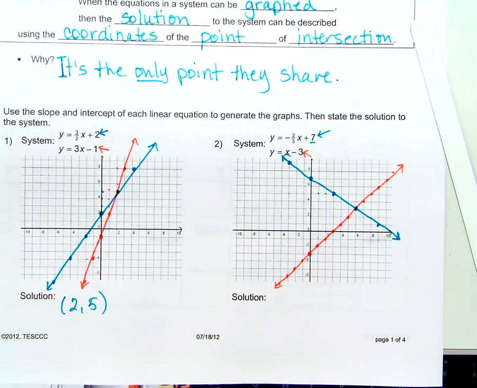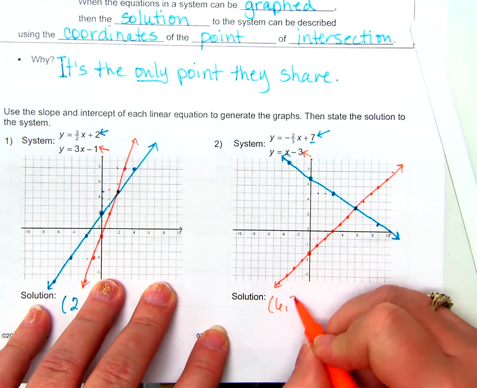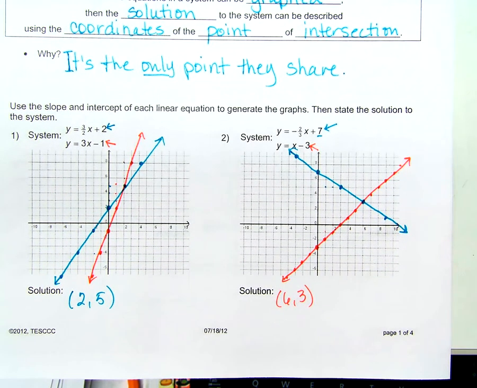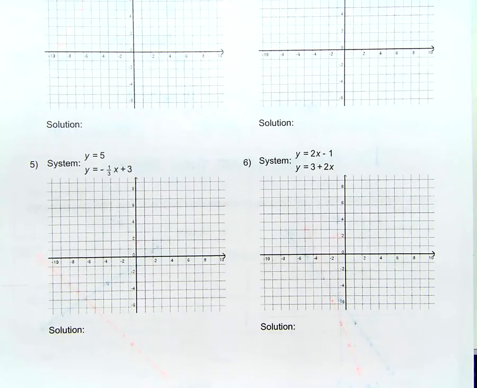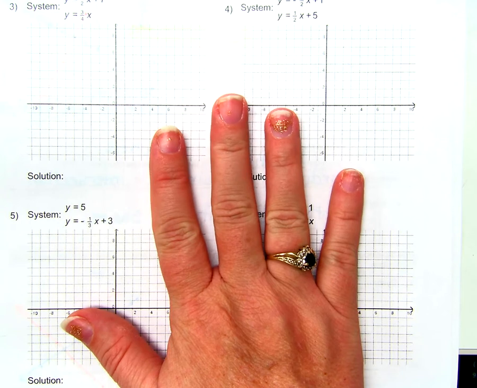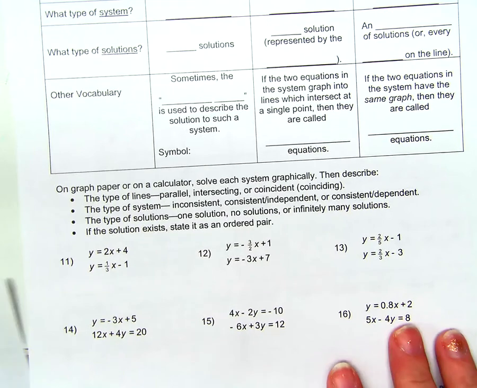So what is my solution? 6, 3. Any questions about that? You got that okay? Okay, so look at the back, which is page 2. These 4 you're going to have for homework. Look at page 3, ignore it, go to page 4.